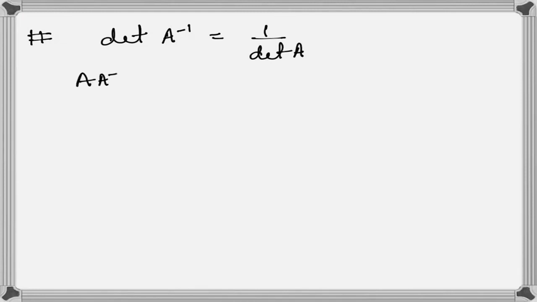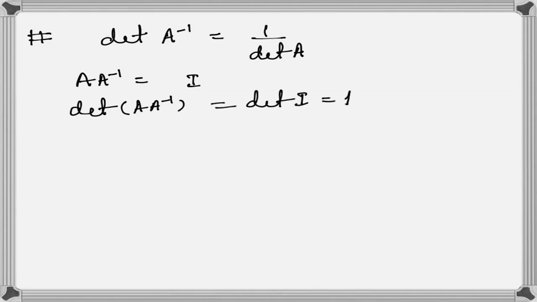There are two properties related with the inverse. The first one is the determinant of A inverse is equal to 1 upon determinant of A. How do we get it? A times A inverse is equal to the identity matrix. Then the determinant of A times the determinant of A inverse is equal to determinant of I, which is 1, where I is the identity matrix.